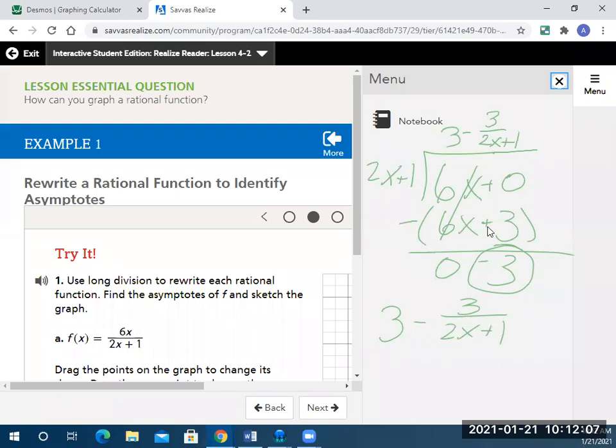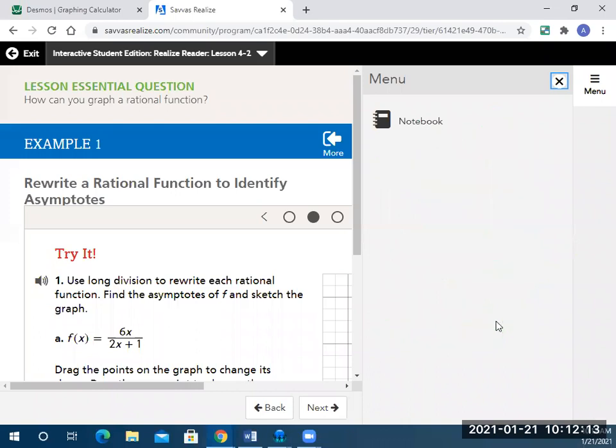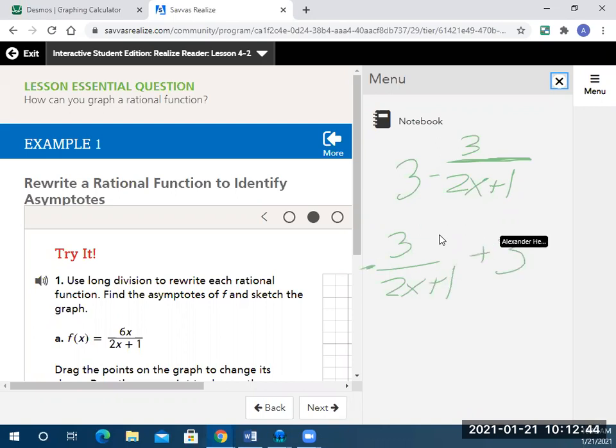It's just going to be easier to see it in this format, because now this tells us what our transformations are, right? And you can also rewrite this as negative 3 over 2x plus 1, and then plus 3, right?